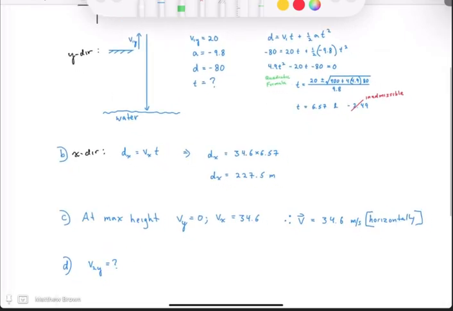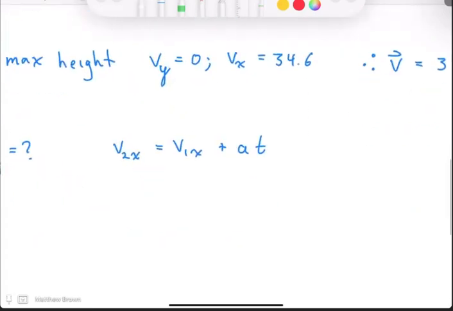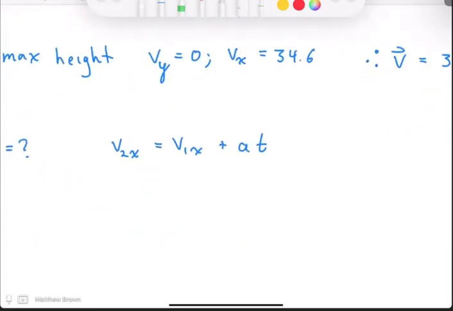Up here, we looked at the y direction. We know the acceleration is constant. We know the displacement. We already found the time. So we can pick and choose which equations we want. I think I'll use the one, v2 equals v1 plus at. I find that one pretty simple and straightforward.